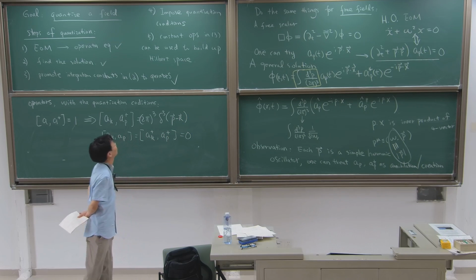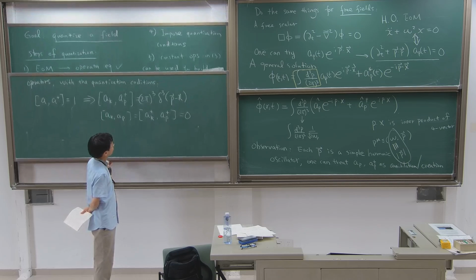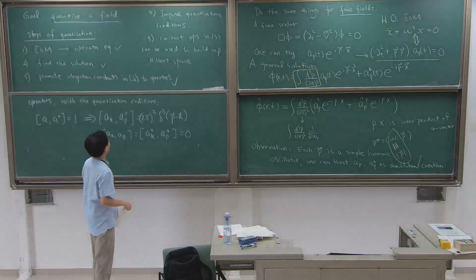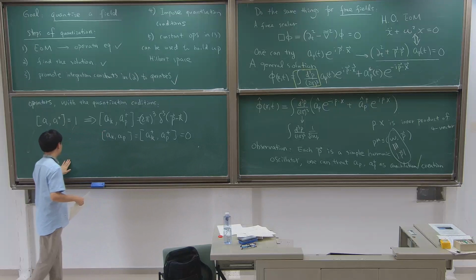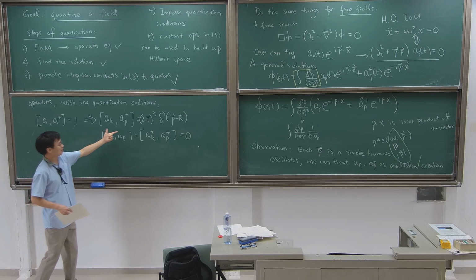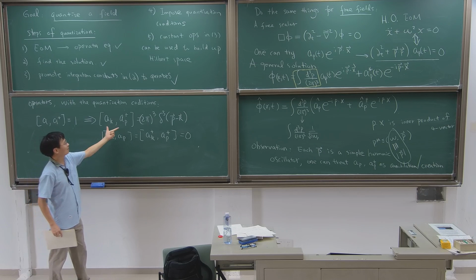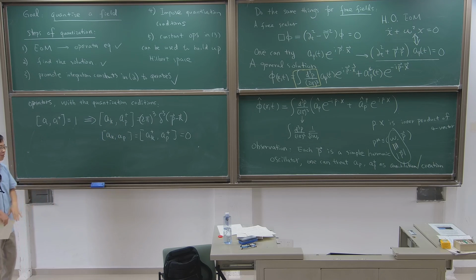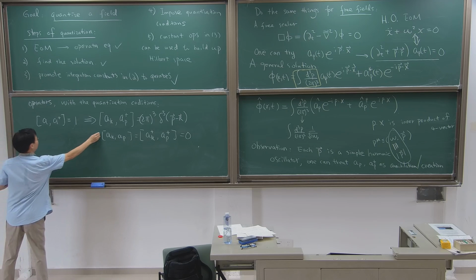Now, you might often see some textbooks express this kind of quantization condition in a different form, but they will be just equivalent. For instance, from this kind of commutation relation, you need to check that this will be equivalent.